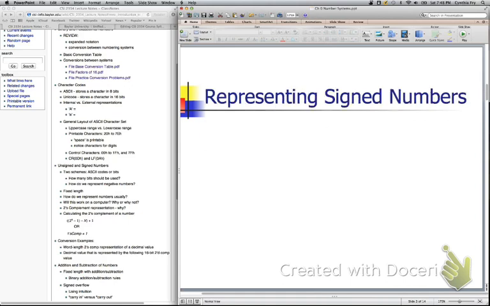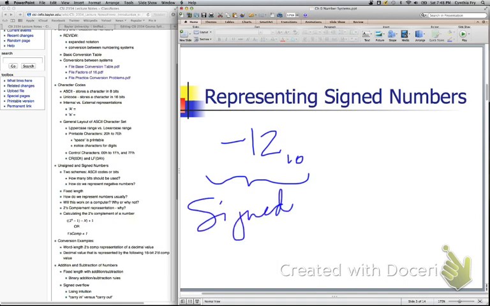So, representing signed numbers. How do you represent a signed number now? Well, let's say -12. When I write a negative number in decimal, I am writing it in a format called signed magnitude, where I include a sign and the magnitude of the number.